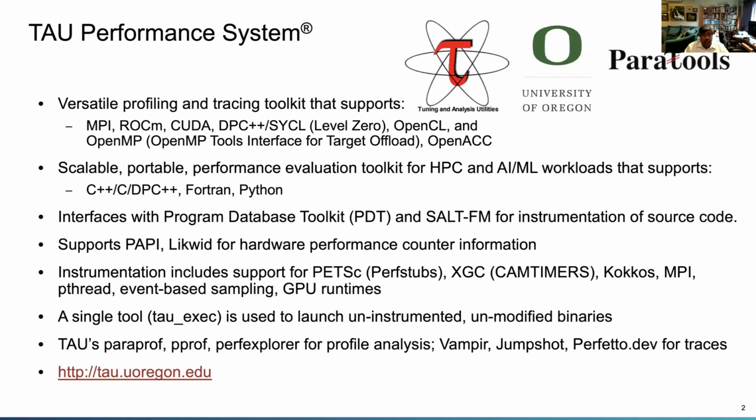We support a single tool called tau_exec, which can be used to launch uninstrumented, unmodified binaries. So you can see the performance data in ParaProf, PerfExplorer, pprof for profile data, and for trace visualization, we have tools like Jumpshot, which ships with Tau, or third-party tools like Vampir and Perfetto.dev. You can find out more about Tau at this URL.